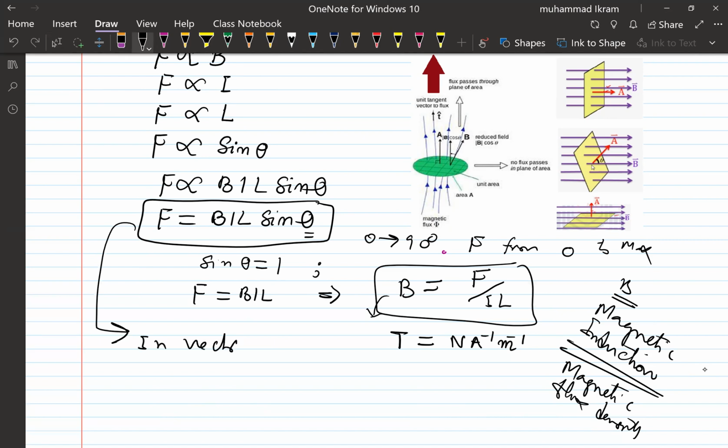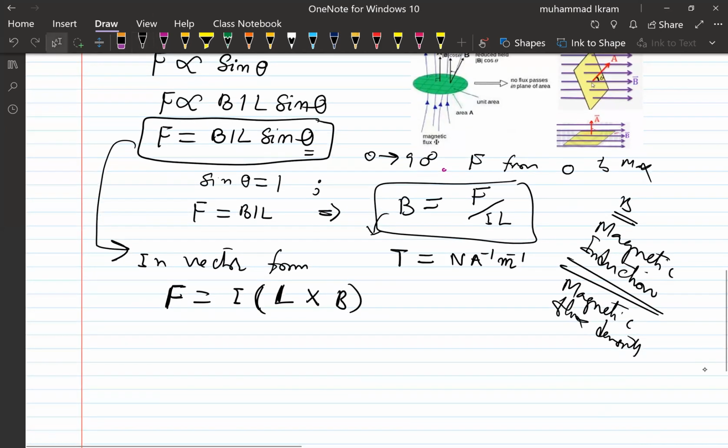In vector form, this can be written as F equals I, being scalar, times L cross B. Again you can find the direction of this force by using Fleming's left hand rule, and the direction of the force is perpendicular to the plane containing L and B. So that is all about the force on a current carrying conductor.